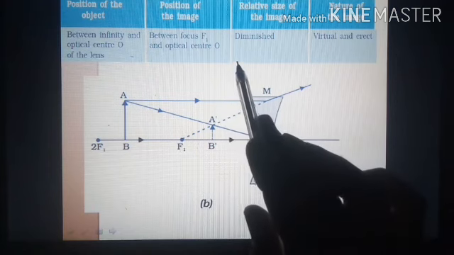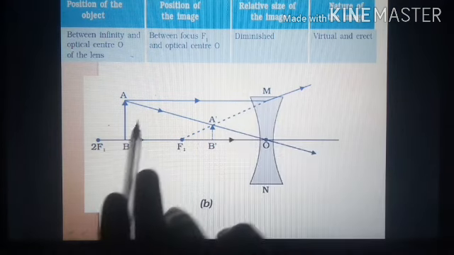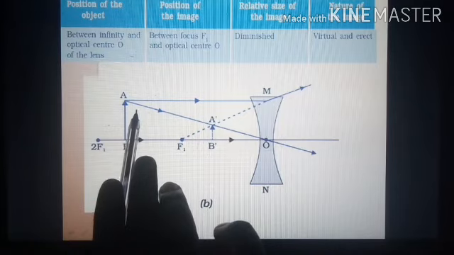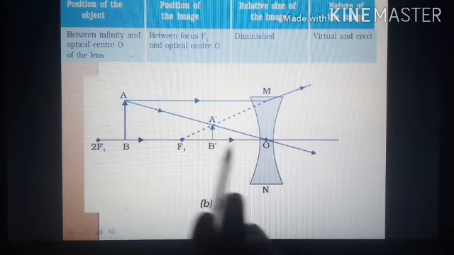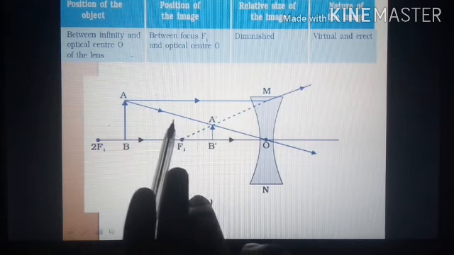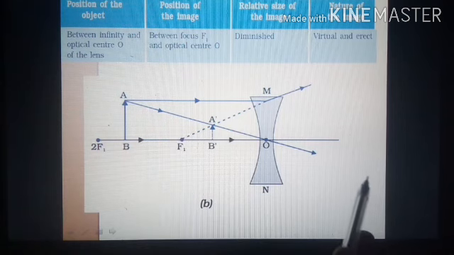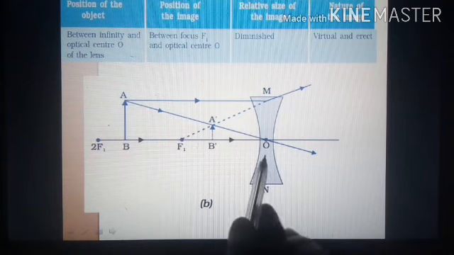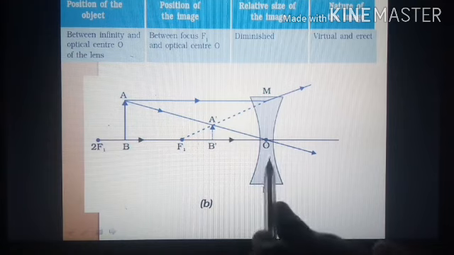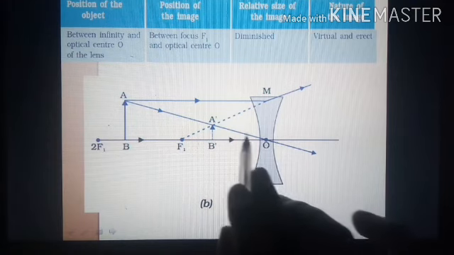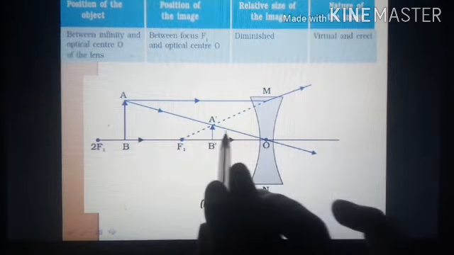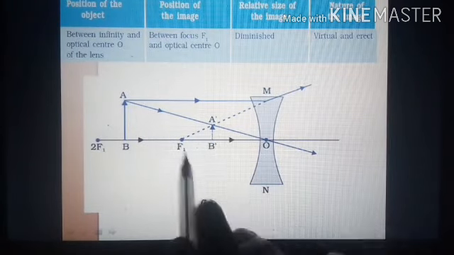For the second ray, we always choose the ray that passes through the optical center. After refraction it emerges without deviation. We extend it along the same straight line, so it will meet at the point A dash.